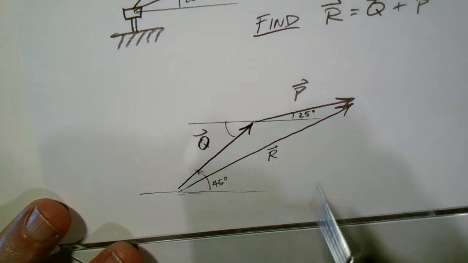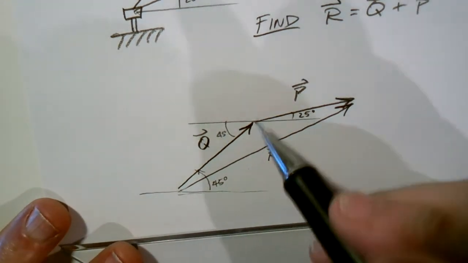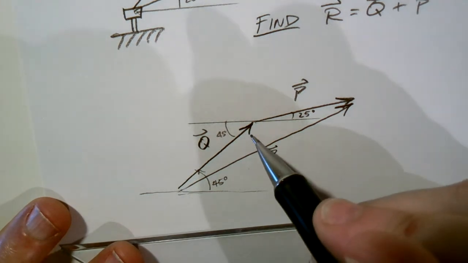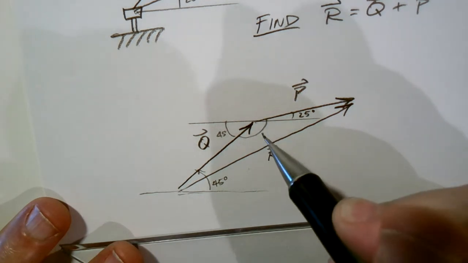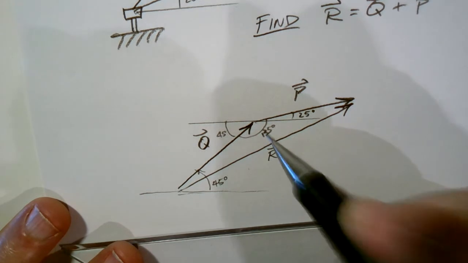Does that make sense? That's 25 degrees. Here's 45 degrees. Therefore, what remains right in here is 135 degrees.